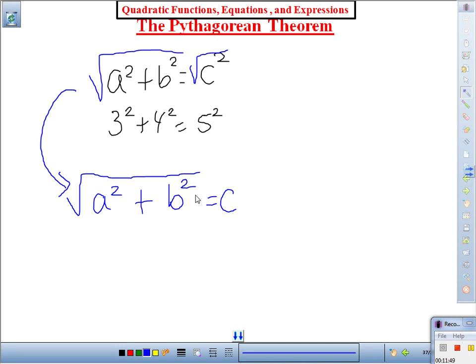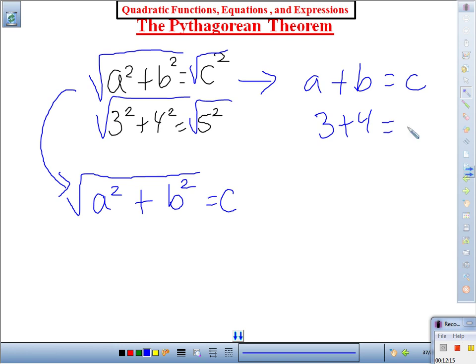Some of you are like, what were you guys thinking? Were you guys thinking A plus B equals C? Some of you thought that, right? Because it's obvious our noodle's thinking, well, if it cancels this, it cancels that. Let's see if it works with numbers. Is 3 plus 4 equals 5?